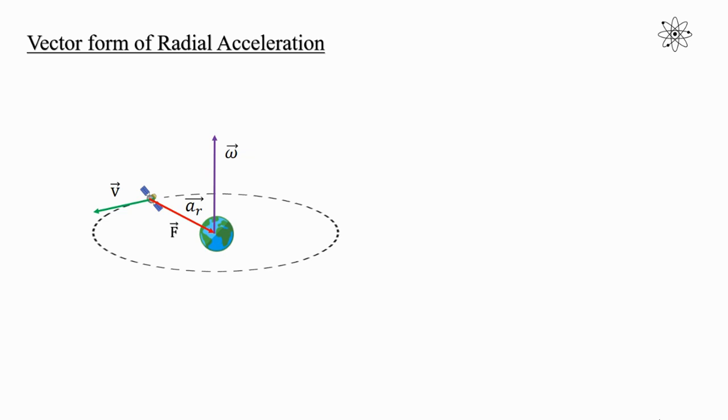As you can see in the diagram, student, instantaneous acceleration is directed towards the center of the circle, and velocity is perpendicular to the acceleration, and angular velocity is perpendicular to the plane containing the velocity vector and the centripetal acceleration vector. From this, we can write vector a_r is equal to vector omega cross vector v.